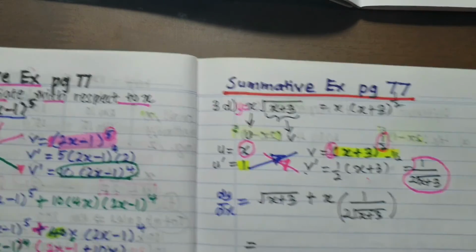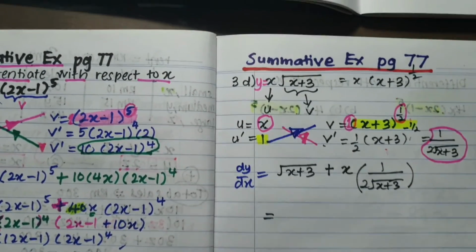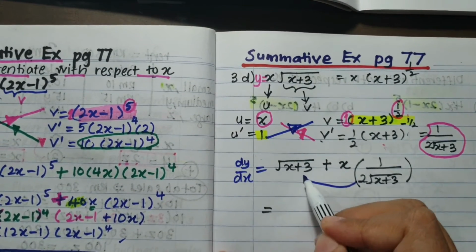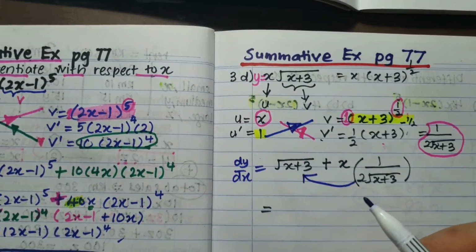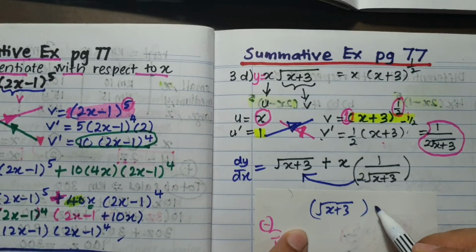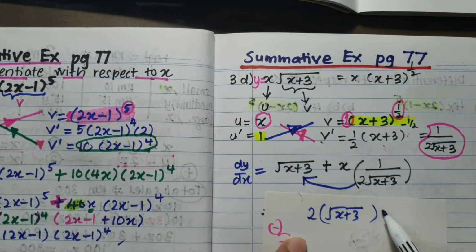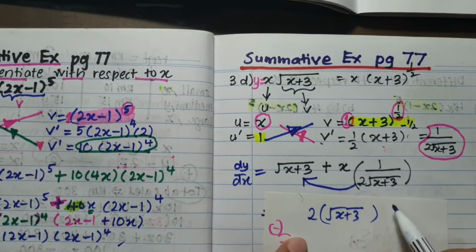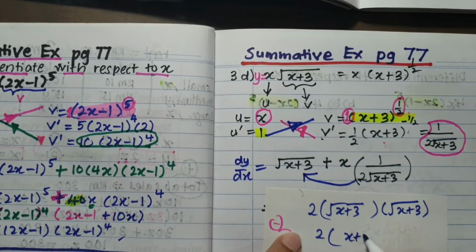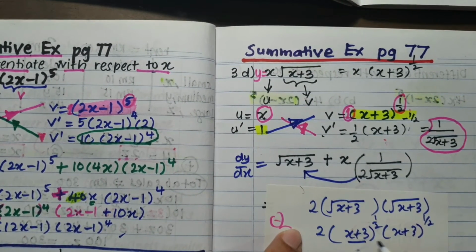To make it easier, take the bottom one. You multiply this with this. Now you have the square root of x plus 3 times this one. I write 2 in front here, because it is times. And this one is actually power of half, so you can simplify.